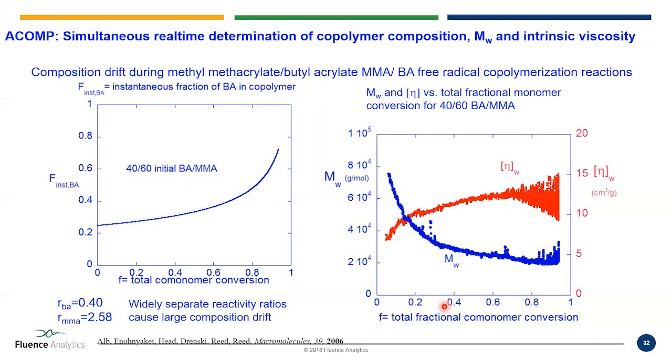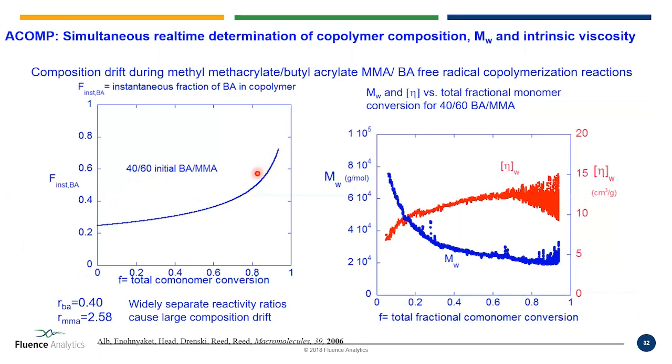Here's an example of monitoring copolymers with the ACOMP. We're measuring both the instantaneous composition. This is butyl acrylate and methyl methacrylate. This is the instantaneous amount of butyl acrylate at any time during the full 100% conversion from monomer to copolymer. And you can see it's drifting upward.